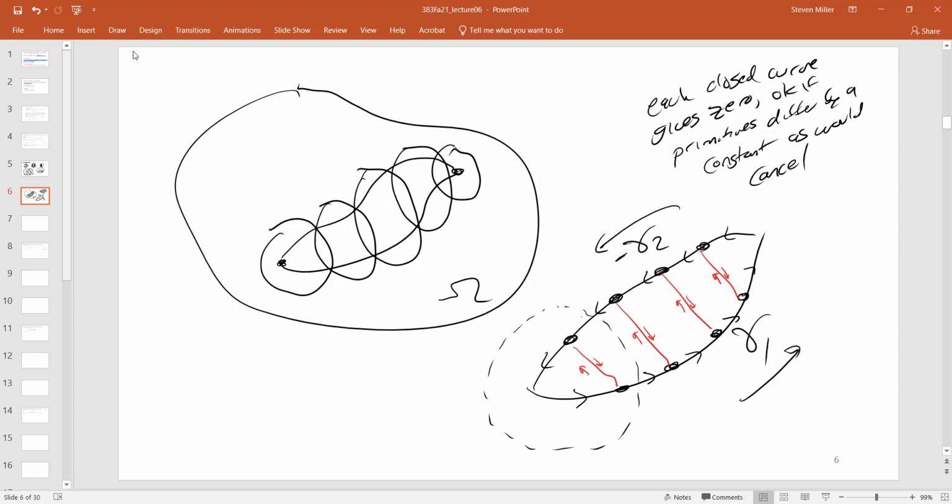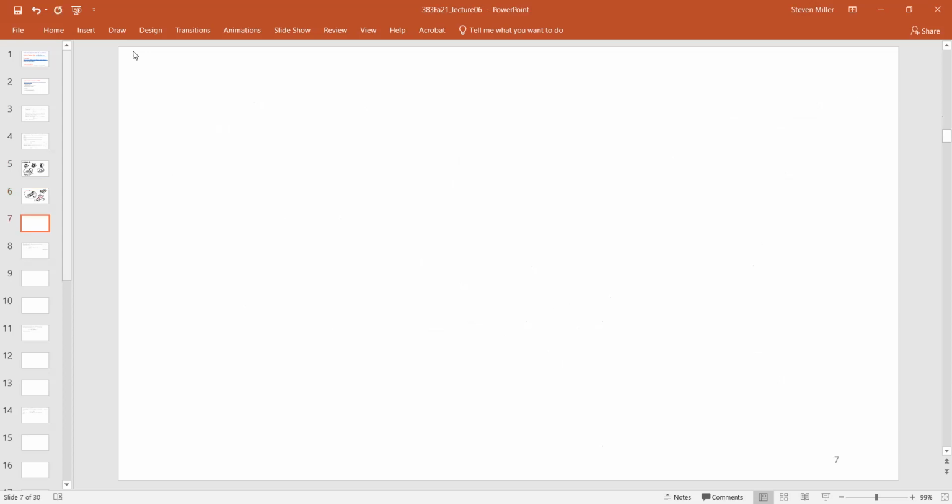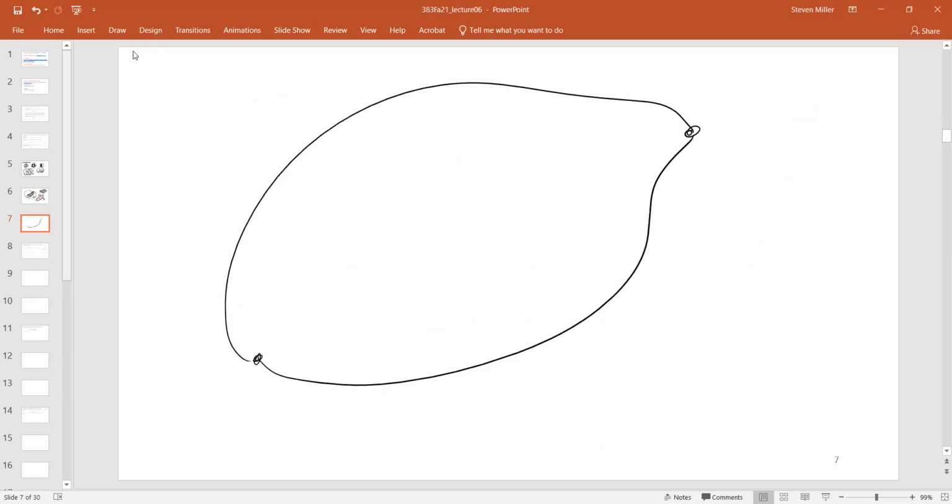Not more disks. If the two curves are very well separated, so maybe I have this curve, and maybe they're so far apart that it's hard to initially connect them. Add one what?